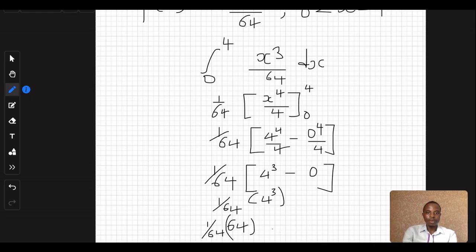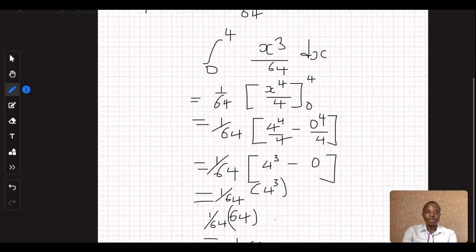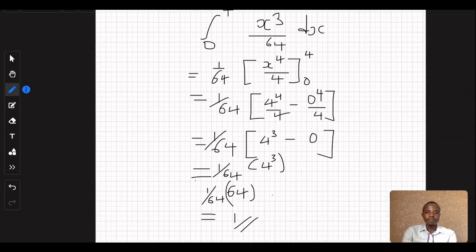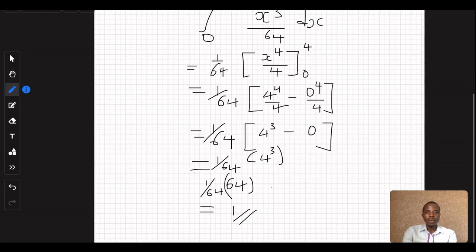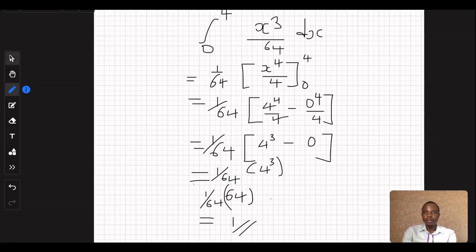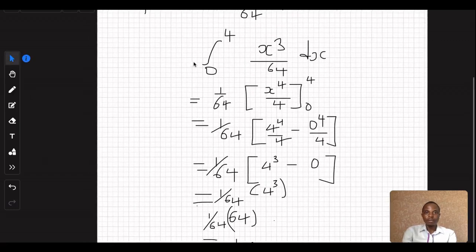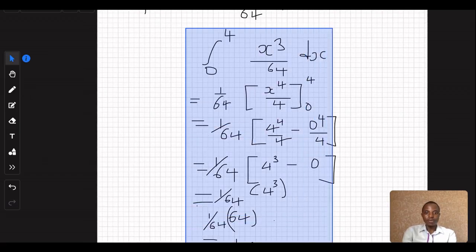So everything becomes 1, and that's it. This is a true probability density function.